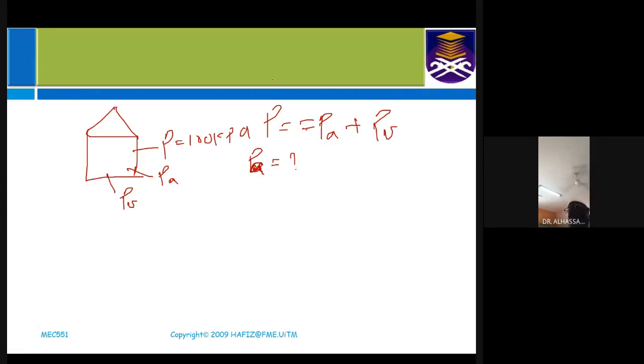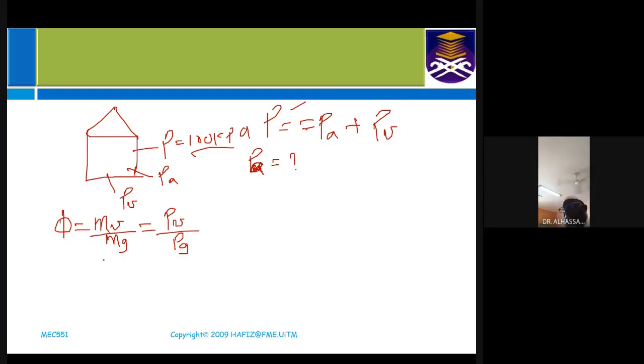We know the total pressure is 100 kilopascal, so now we need to find P_v. How do we define P_v? By definition, relative humidity equals m_v divided by m_g, and this can also be written as P_v divided by P_g.